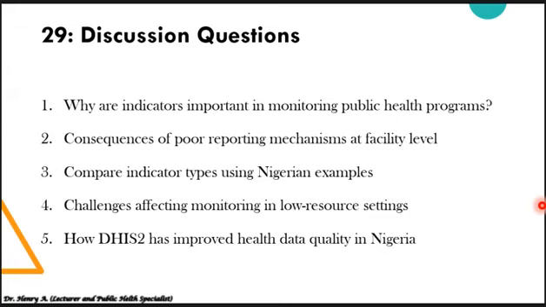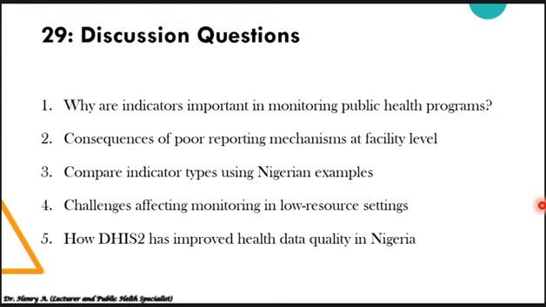So you need to put all these monitoring systems intact. Once you put in place the registers, reporting, supportive supervision, logistics and stockouts, human and financial resources, and data quality assurance, definitely you will see that in low resource settings, all these challenges will be dealt with.